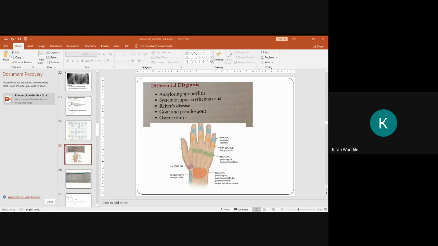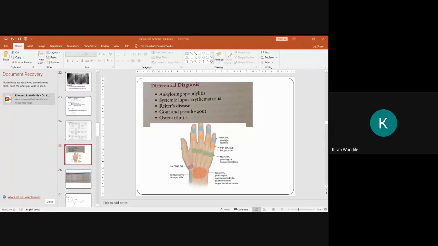In pseudogout, they are deposited commonly in the knee joint meniscus, causing chondrocalcinosis. The other uncommon joint which is involved by pseudogout is the metacarpophalangeal joint.